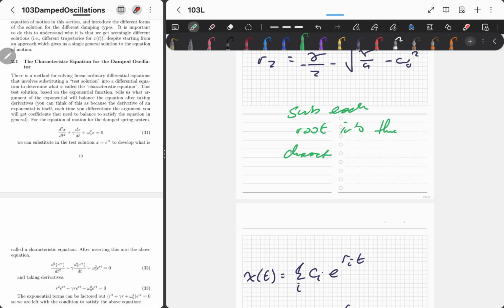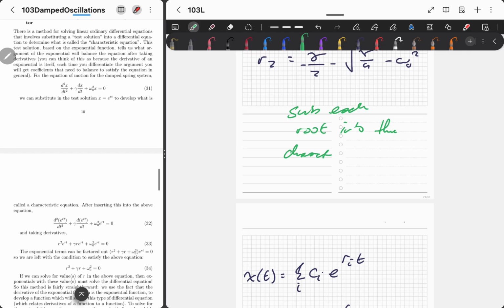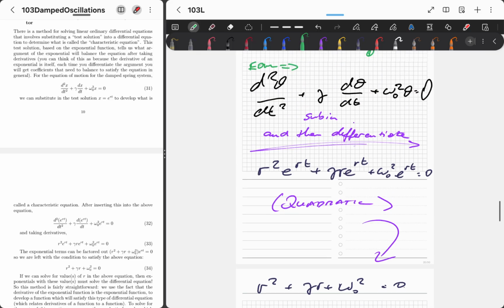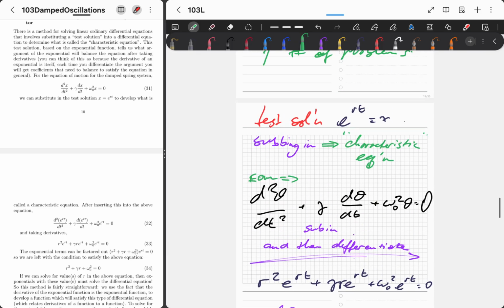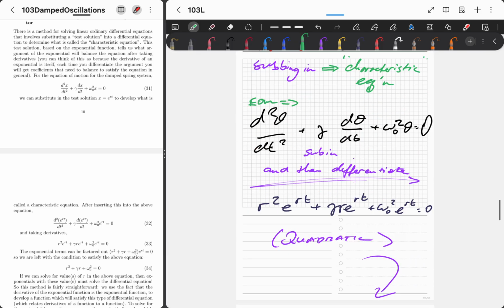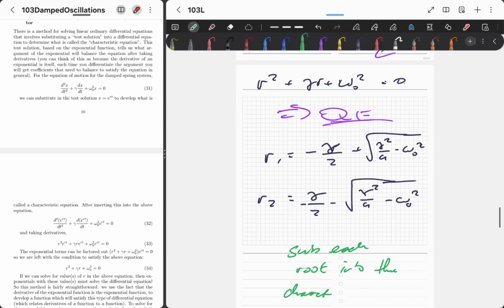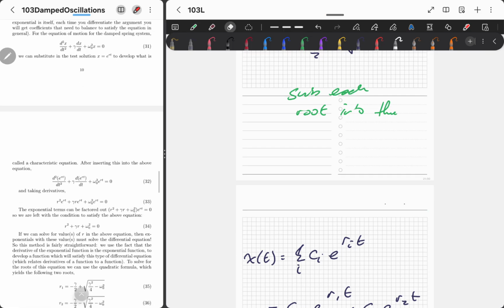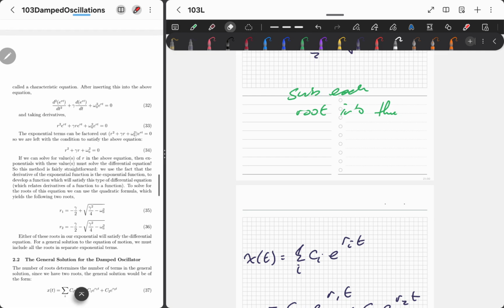For those of you who've done tutorial, if not, this will make sense when you practice this next week. Two initial conditions, which we use to solve for the amplitude and phase constant of simple harmonic motion. Same basic idea here. We need two initial conditions to solve for these two unknown constants.